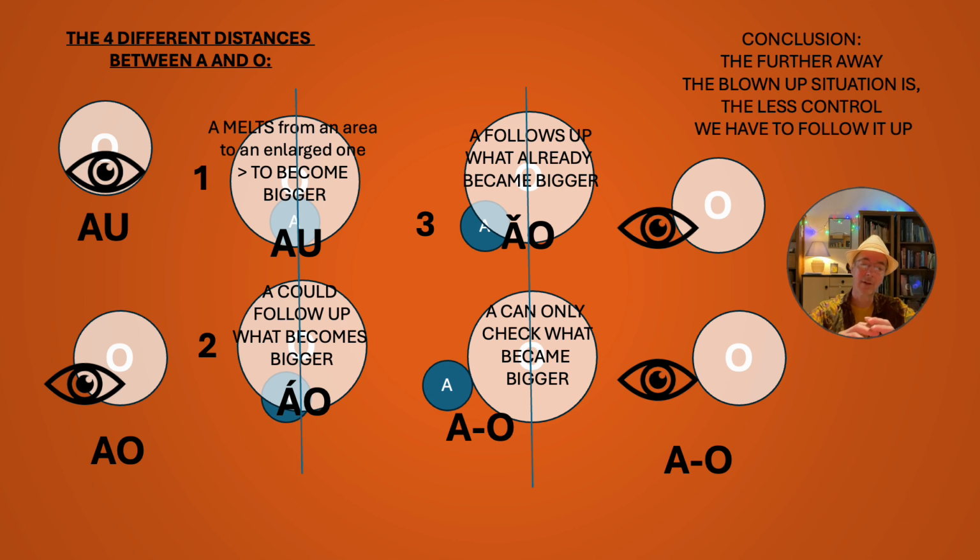And of course, when the distance is really very large, okay, then you can only check what it was that became bigger. And that way everybody can understand. It's the same elements, but the distances make a difference.